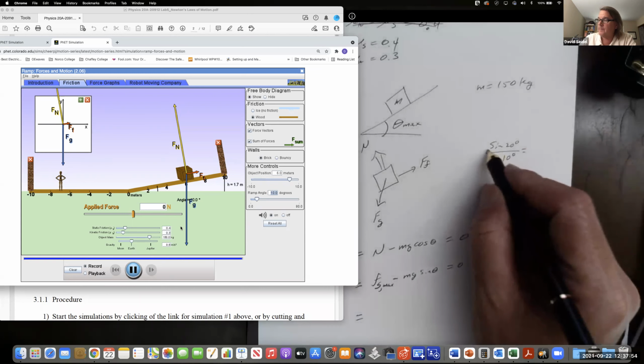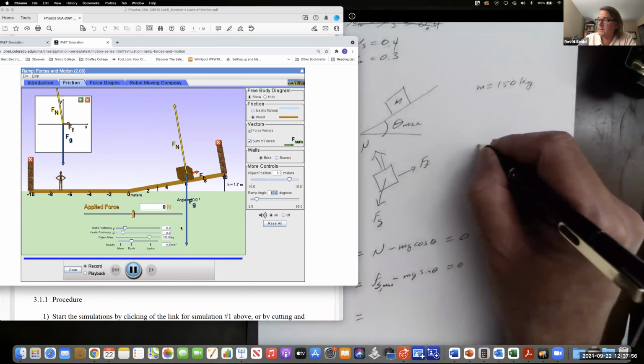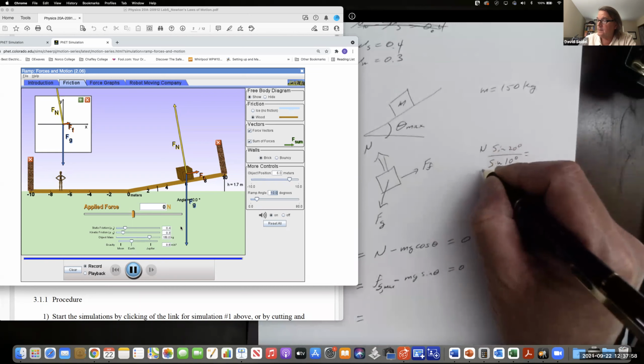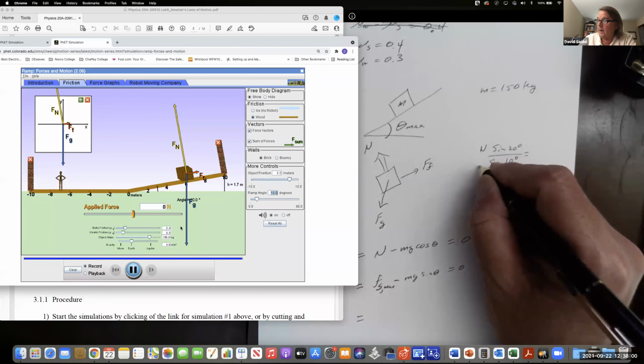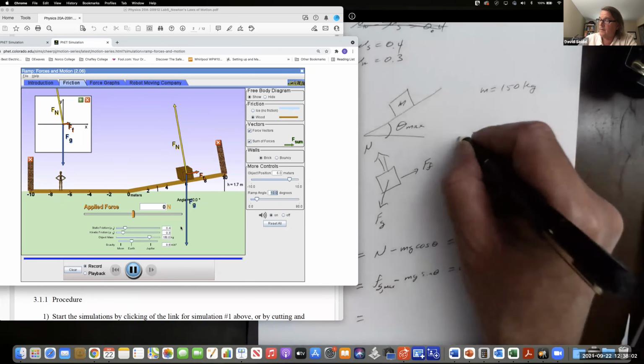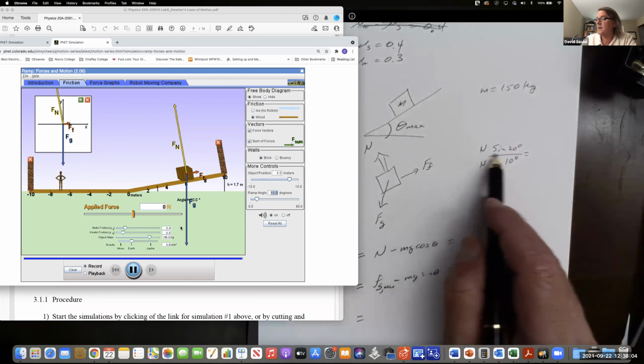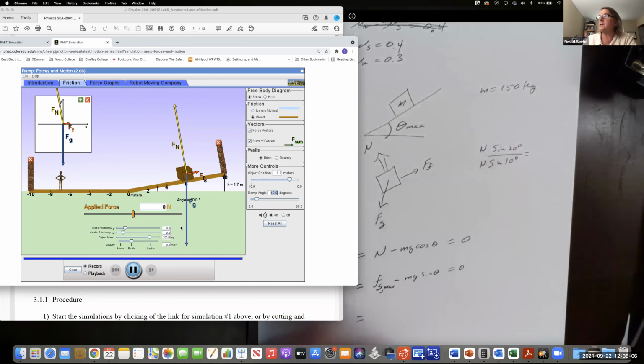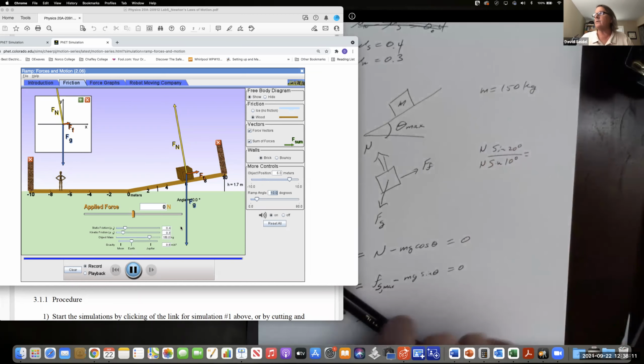This is mg sine 20 over mg sine 10. This is the gravitational force that the friction force is opposing at the two different angles.